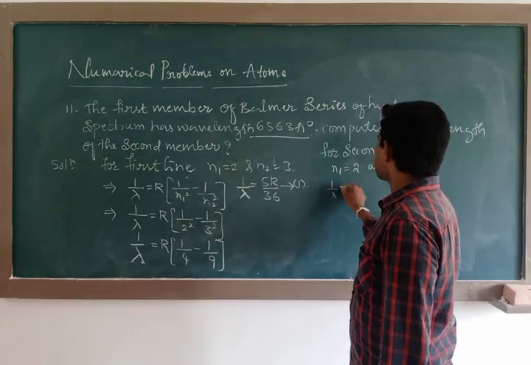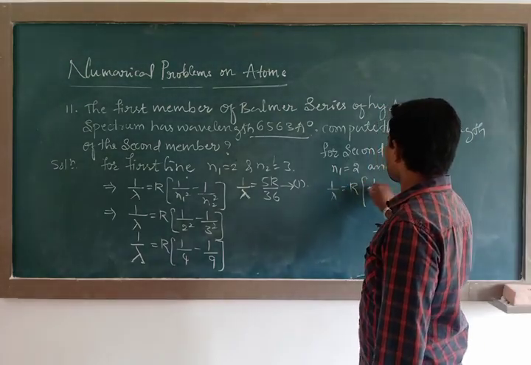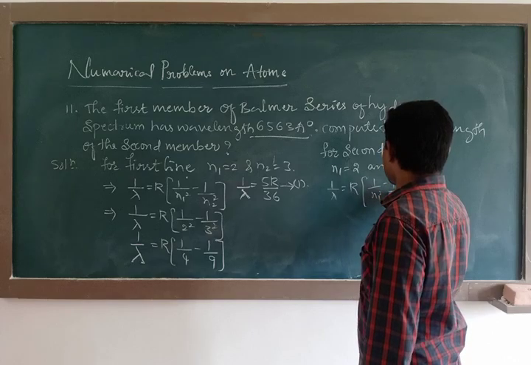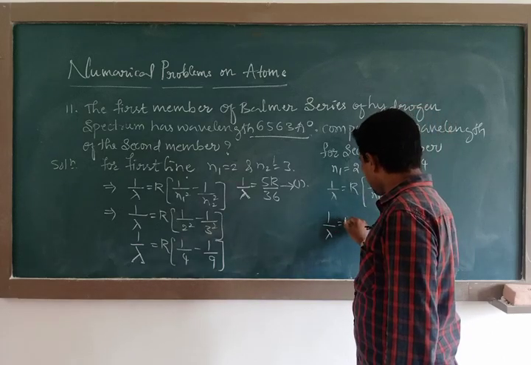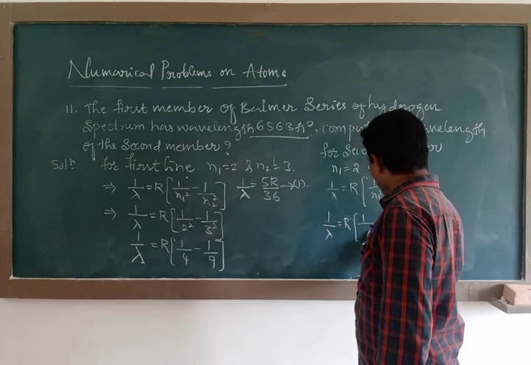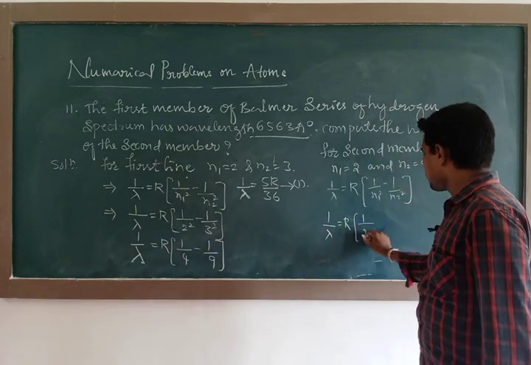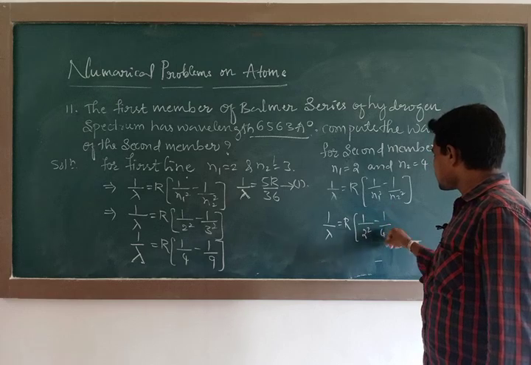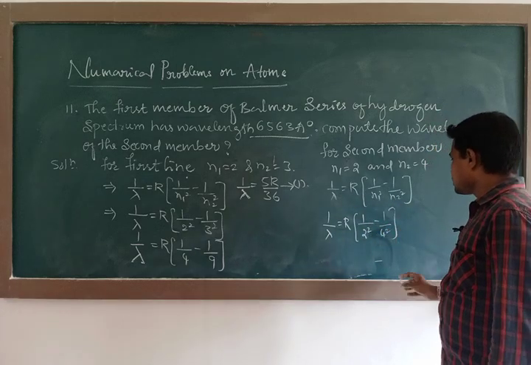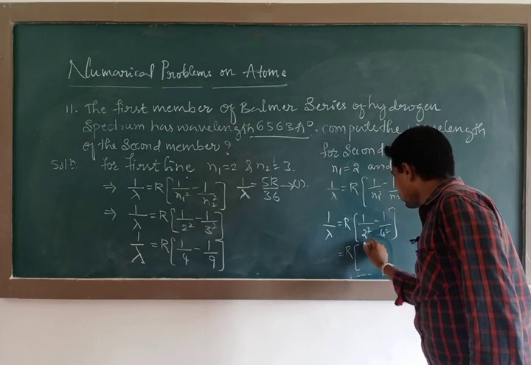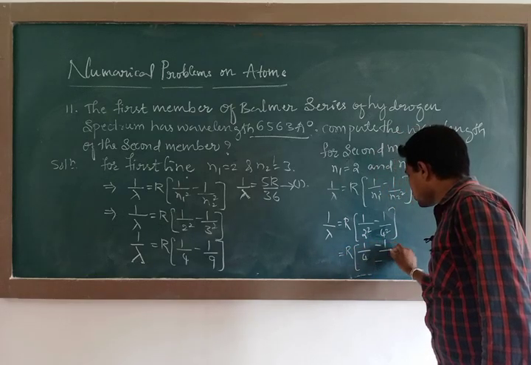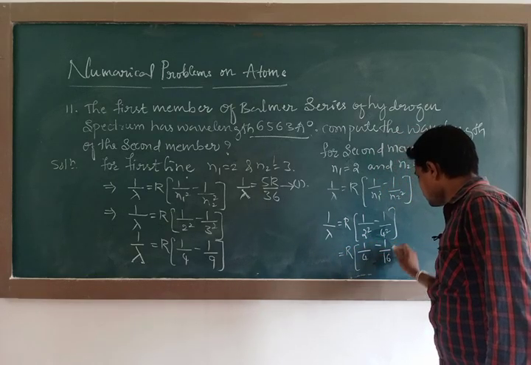Therefore, 1 by lambda is equal to R into 1 by N1 square minus 1 by N2 square. 1 by lambda is equal to R into 1 by 2 square minus 1 by 4 square. So this becomes R into 1 by 4 minus 1 by 16.